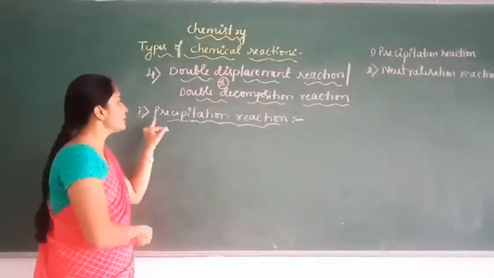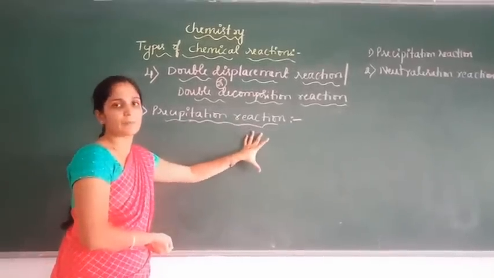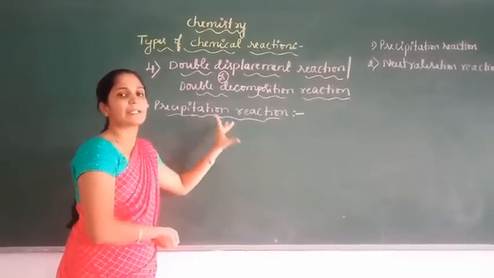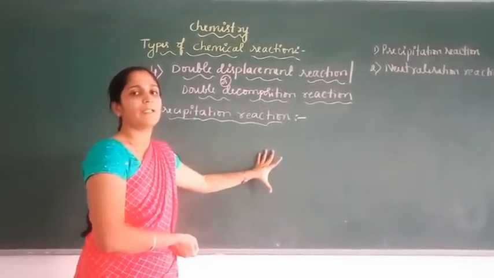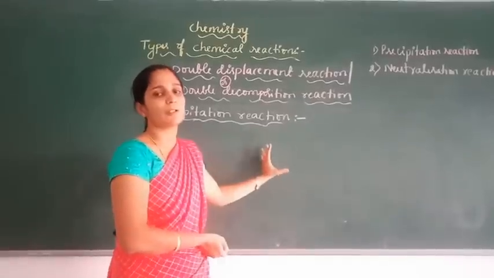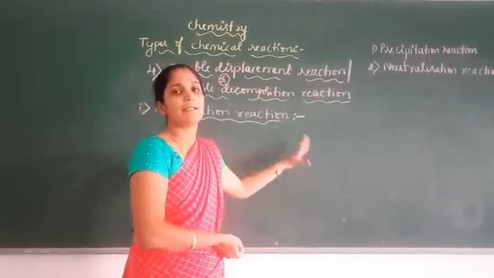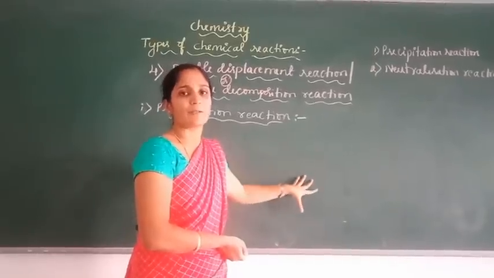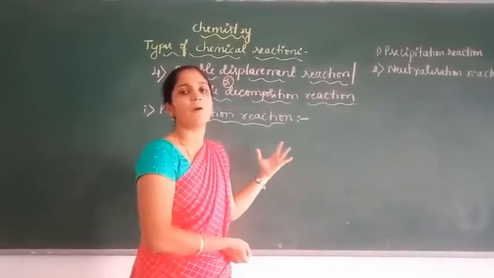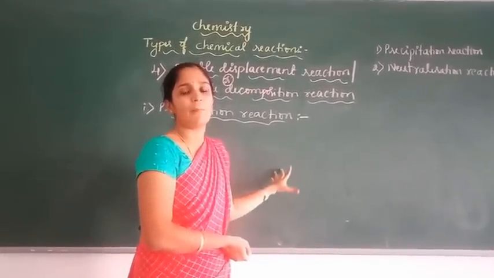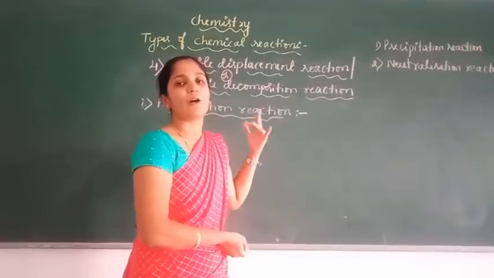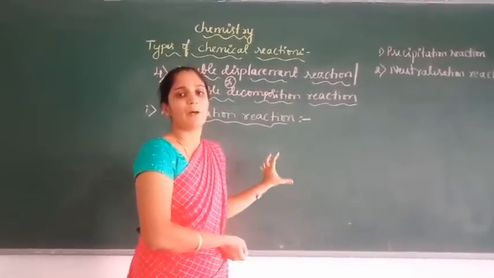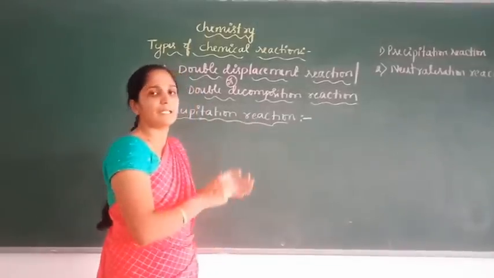Now, precipitation reaction. A precipitation reaction is a chemical reaction in which two or more compounds in their aqueous state can exchange their ions or radicals to form a precipitate, or an insoluble solid, as one of the products.